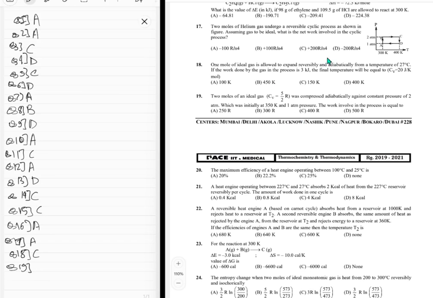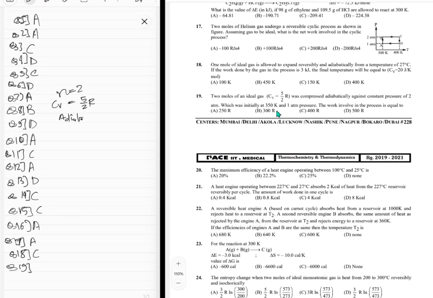Two moles of an ideal gas compressed adiabatically against constant pressure of 2 atmosphere, which was initially at 350 Kelvin and 1 atmosphere pressure. The work involved in the process is? 2 moles of an ideal gas, n equal to 2. CV is 5 by 2 R. Okay. Compressed adiabatically.